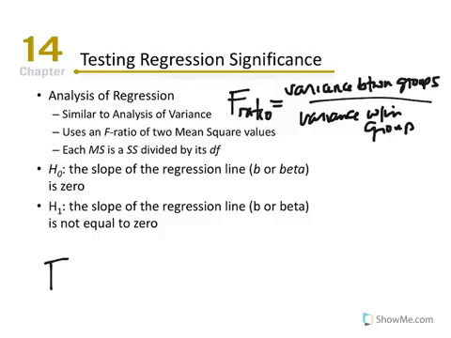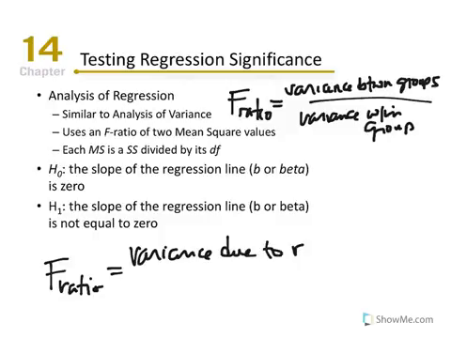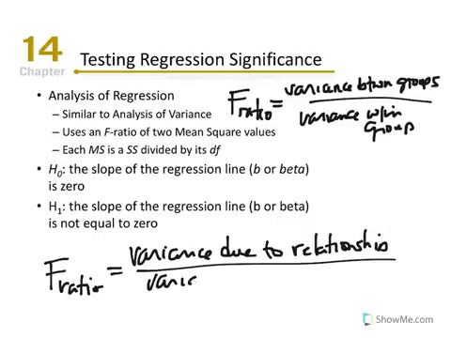So the F ratio can be explained as a ratio of variance due to relationship over variance due to other factors.